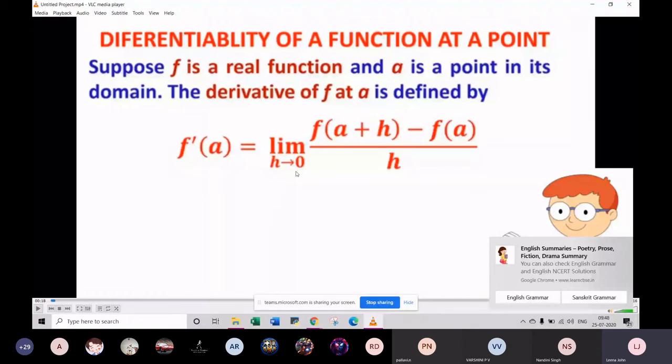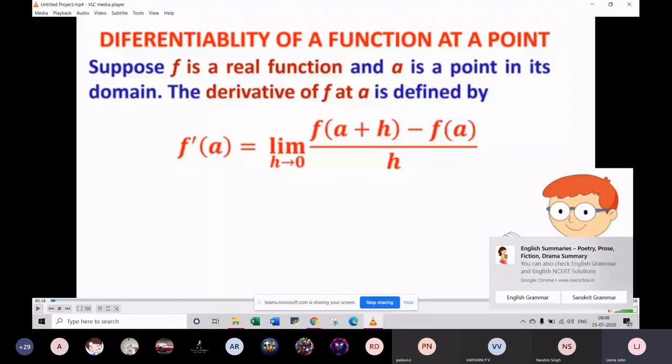If it is f dash x, what will that be? Limit h tends to 0 of f of x plus h minus f of x by h. Right? So this much you have studied. This is the previous knowledge. Last year you have studied.